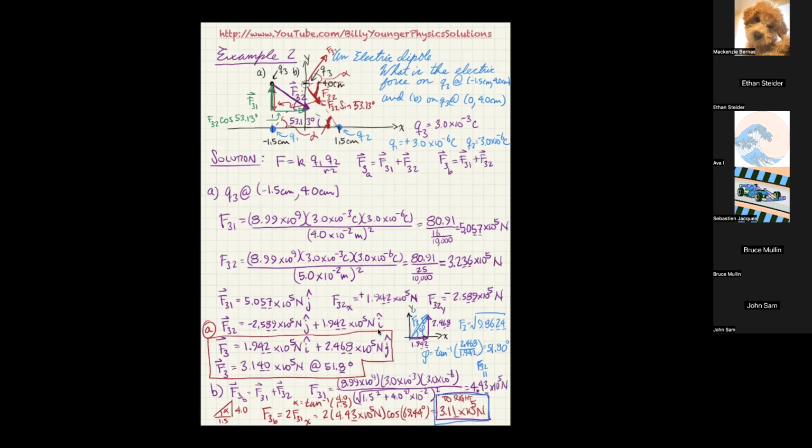That would give me 1.05 times 10 to the 8. So the electric field will be 1.05 times 10 to the 8 newtons per coulomb.